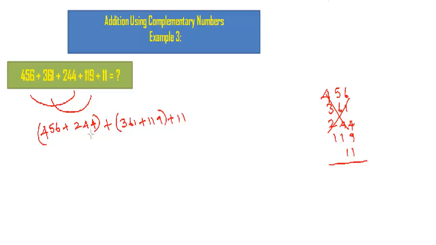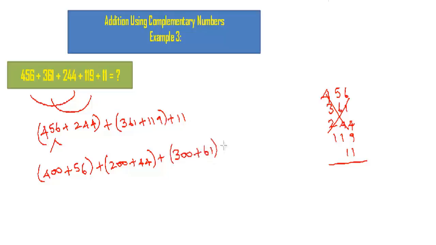Now 456 plus 244, you can split this further into 400 plus 56 plus 200 plus 44 plus 300 plus 61 plus 100 plus 19 and plus 11.